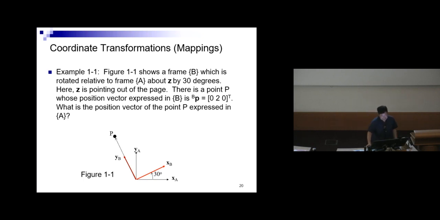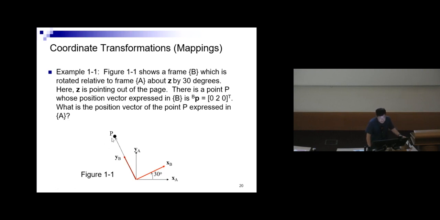So you are going to rotate B about the axis pointing out of the paper. There's a point P whose position vector is expressed in B, so you have BP equal to 0, 2, 0.